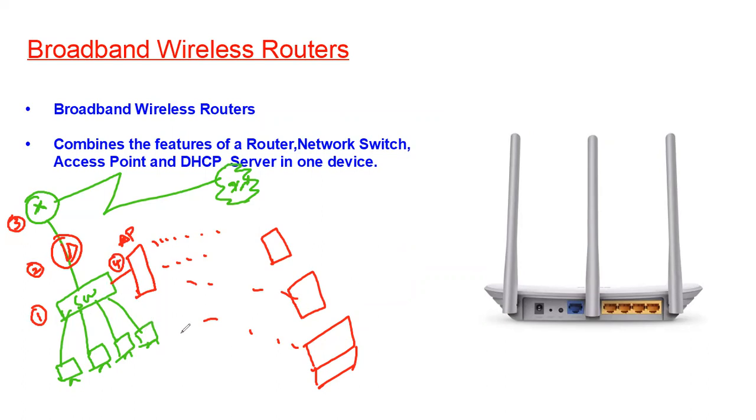And let us say your fifth requirement is to provide the IP addresses from DHCP automatically. So all these devices require the IP address. What is this IP address? We will discuss it in detail later. For now, just try to understand what this IP address is. It is like the mobile number of your devices.